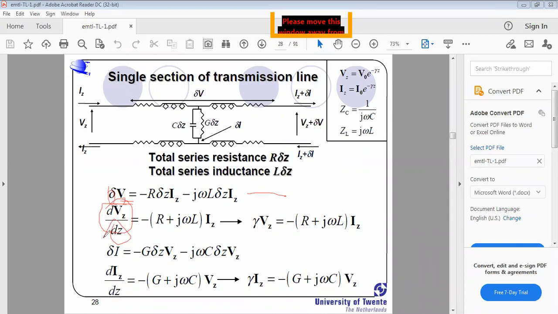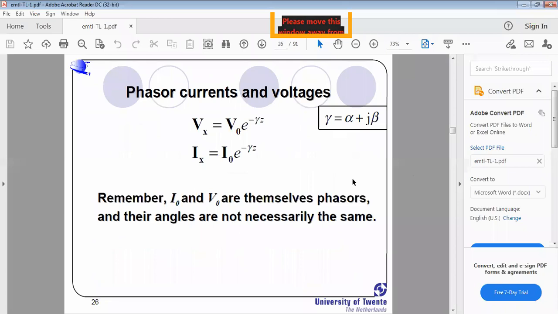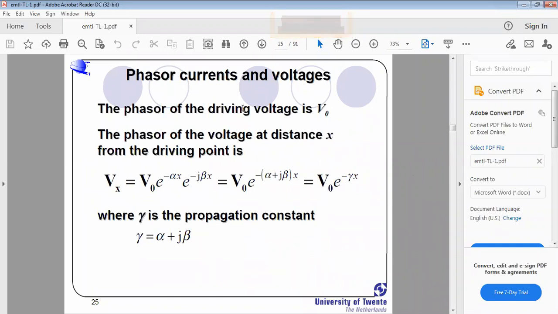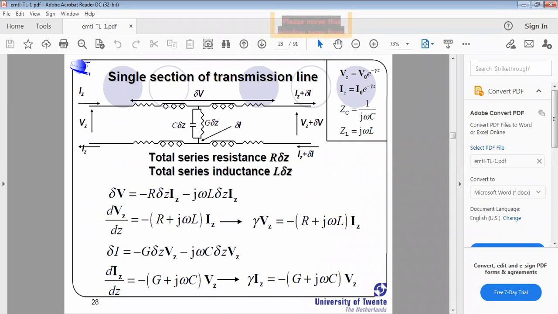dVz by dz. How does that change in length, and what parameters are considered? Potentials.